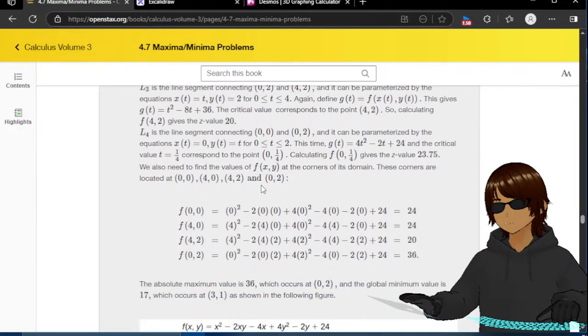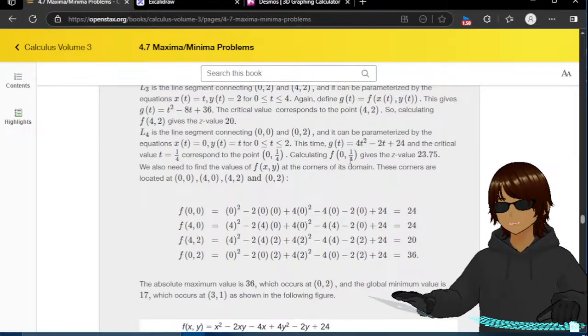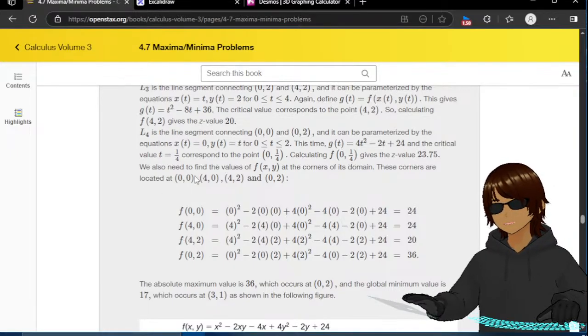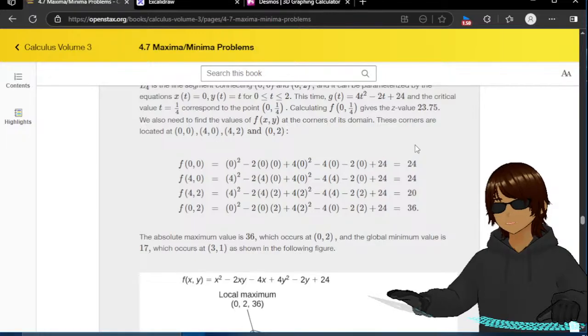So you also need to find the values of f of x, y at the corners of its domain. Okay, these are all the corners. I think I did not do this part where I had to find the corners.